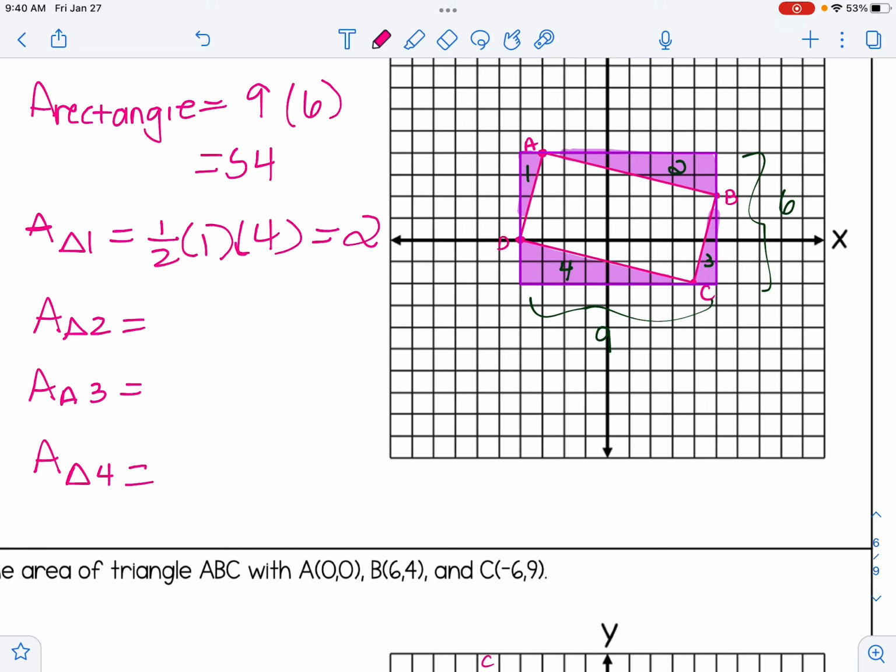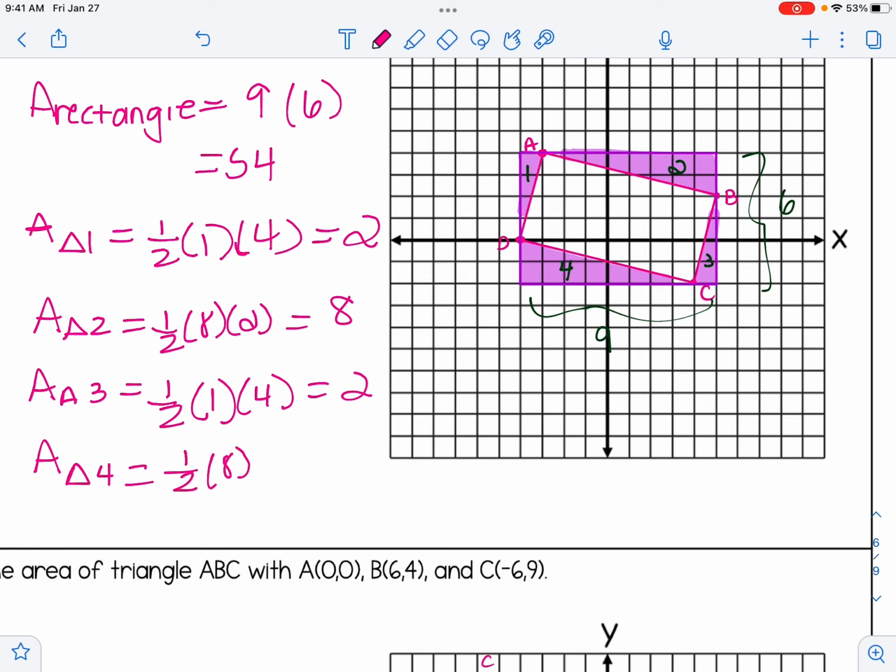In triangle 2, the dimensions are 1/2 times 8 times 2, for an area of 8. Triangle 3, 1/2, base is 1, the height is 4, so the area is 2. And triangle 4 is 1/2 times 8 times 2, an area of 8.